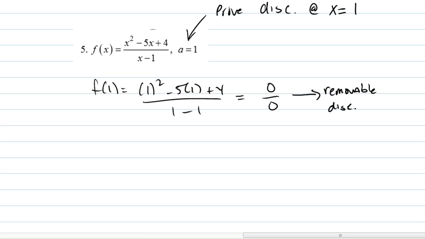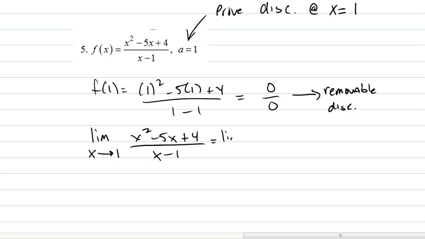Now, if there were a dot filled in at x equals 1, you would take the limit. So this is extra, this is not part of the problem. But if I wanted to fill in the dot, if it were to exist, the limit would tell me what value that would be. So I would take the limit as x approaches 1 of x squared minus 5x plus 4 all over x minus 1.